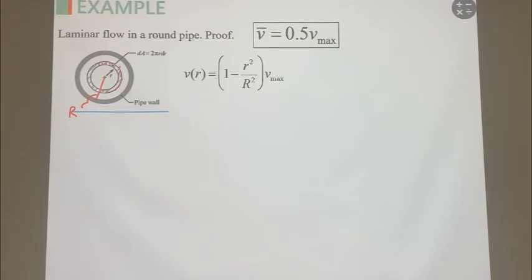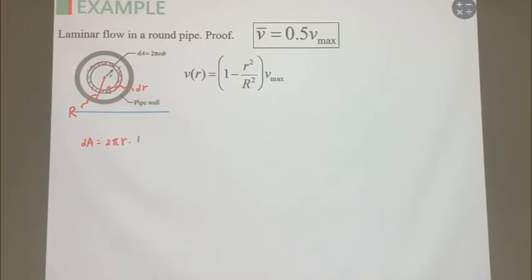If we consider dA as the ring area, then for these ring circles, if we know the radial position r, the circle length is 2 pi r, right? It's the length of the circle. And then we multiply by a small radial change, which means the change of the ring width.